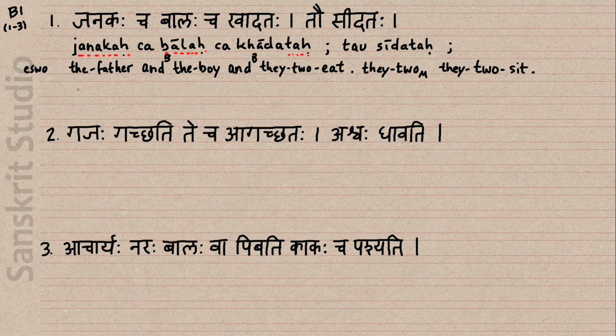Okay, and so our English line then becomes, we clean it up a little bit, the father and the boy eat, and then they two, and we do write the M here.